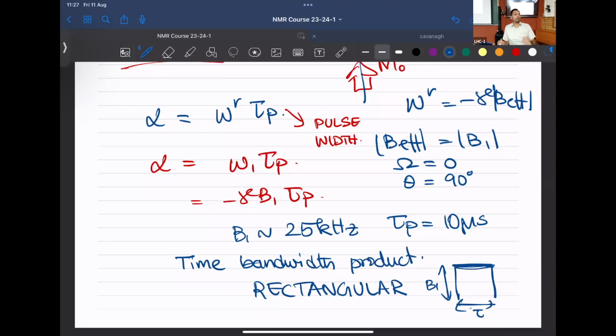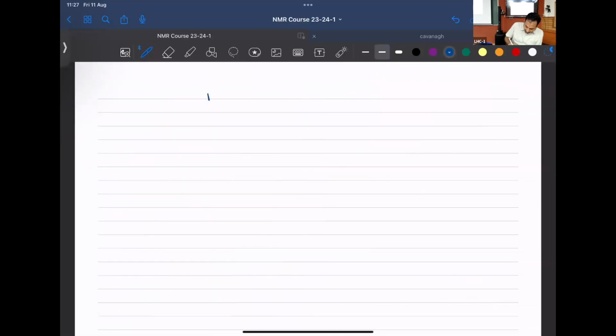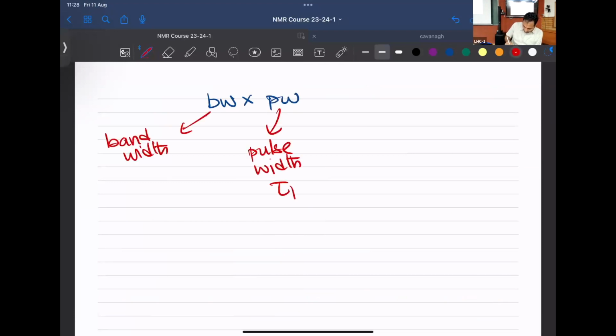For all practical purposes, you can imagine when I call a pulse, this is the pulse that we are applying. The radio frequency pulse has a constant amplitude and phase during its application. For such a pulse, for a rect pulse, the time bandwidth product, which means bandwidth times pulse width, I'll tell you what is bandwidth as we go forward. Pulse width we just defined as tau p, will be given as 1/4.